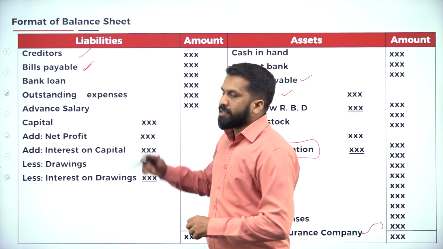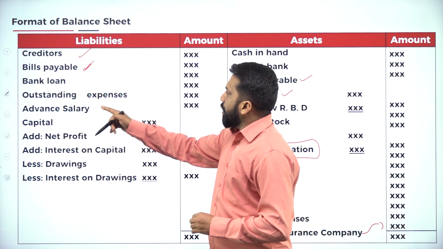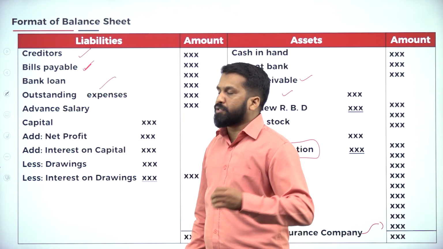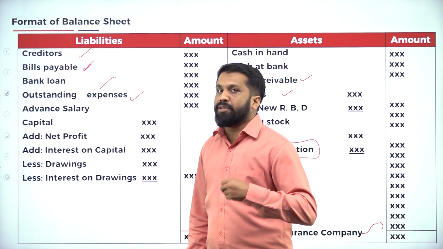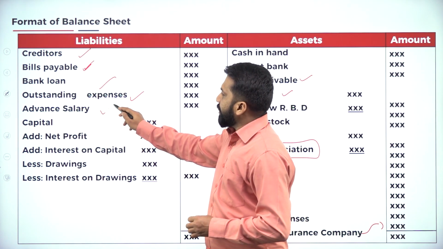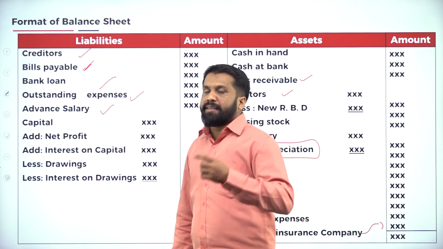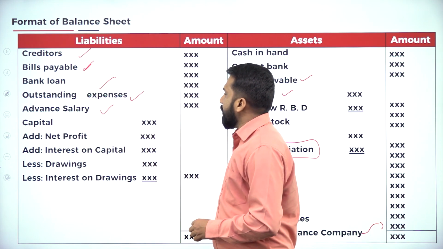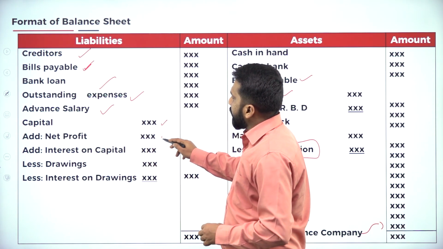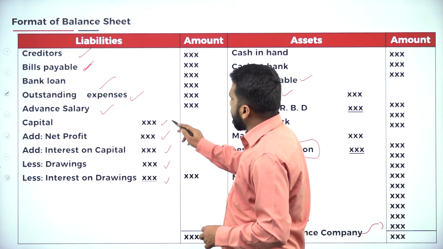Creditors you're supposed to pay, bills payable you have to pay, your bank loan you still have to pay, your outstanding expenses not yet paid, your advance salary. Whatever salary you have taken in advance, next month's salary you have taken now only, that is called advance salary. Your capital, add net profit, add interest, minus drawings and minus interest.